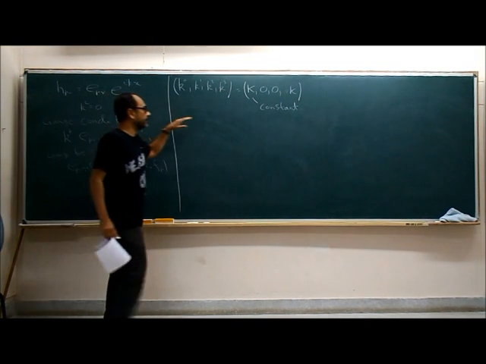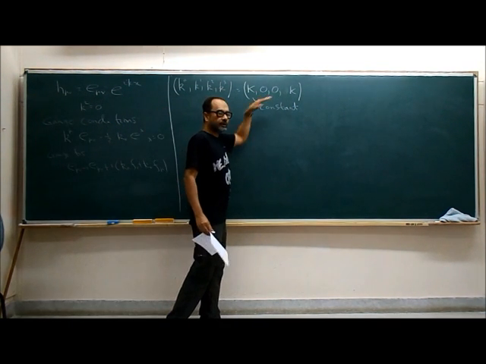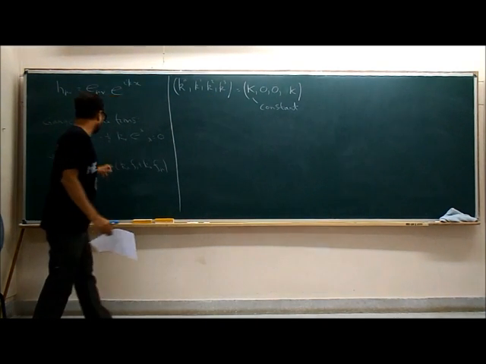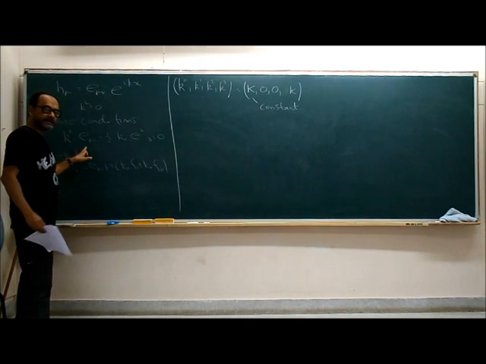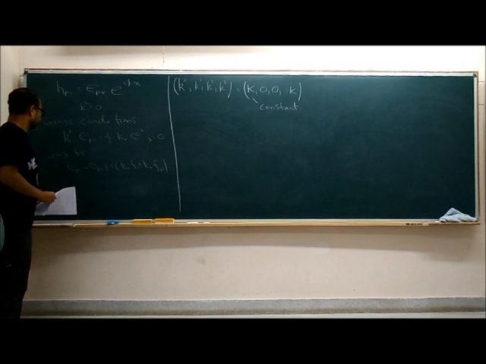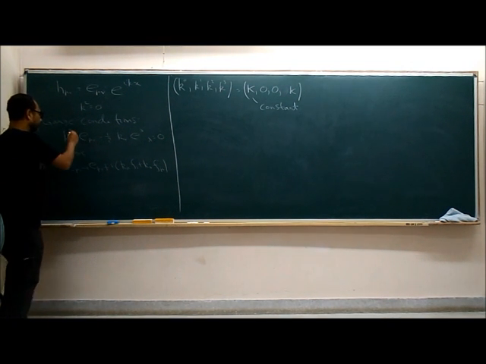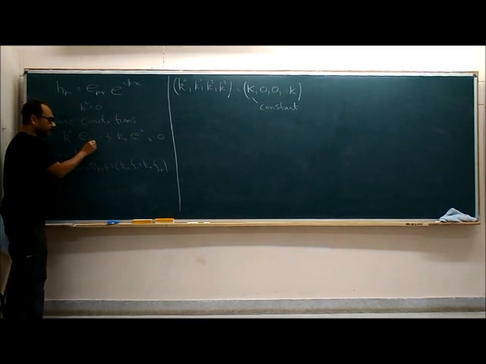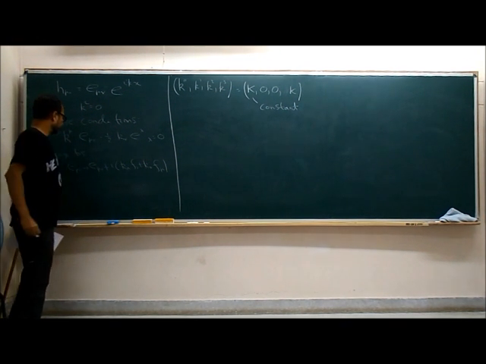So let's see, with this choice of k, what condition we get on the E mu nus by solving this equation. So we clearly get k0 E0 nu plus k3 E3 nu. Those are only 2 independent constants.